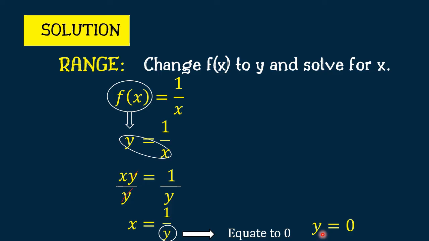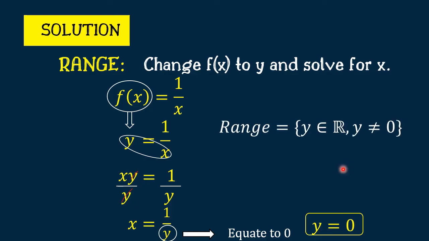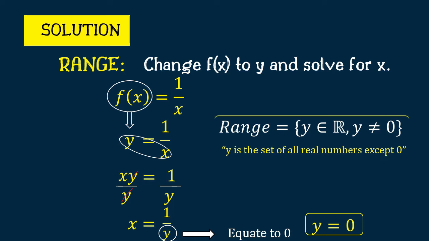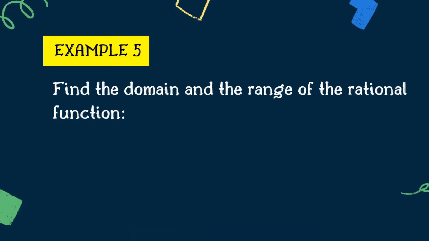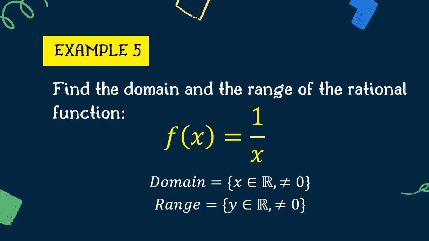Since there is only y in the denominator, we can already have the value of y which is equal to 0. Therefore, 0 is not included in the range. We can conclude that our range is the set of all real numbers except 0. So from our previous solutions, we can conclude that the following are the domain and the range of this given rational function.